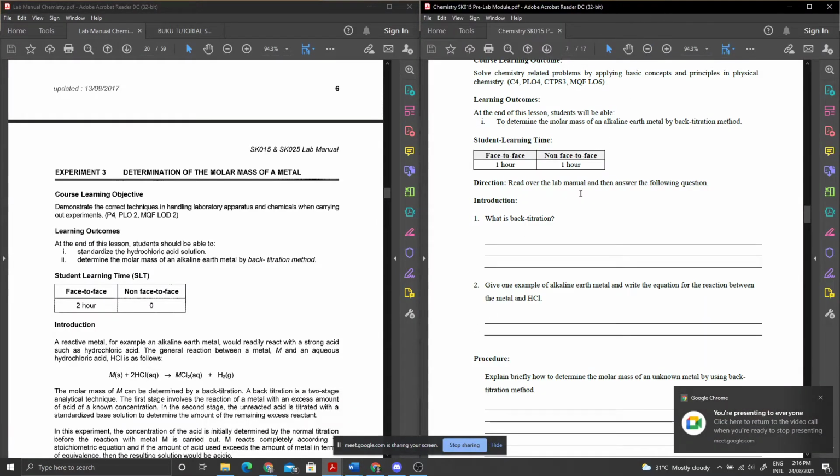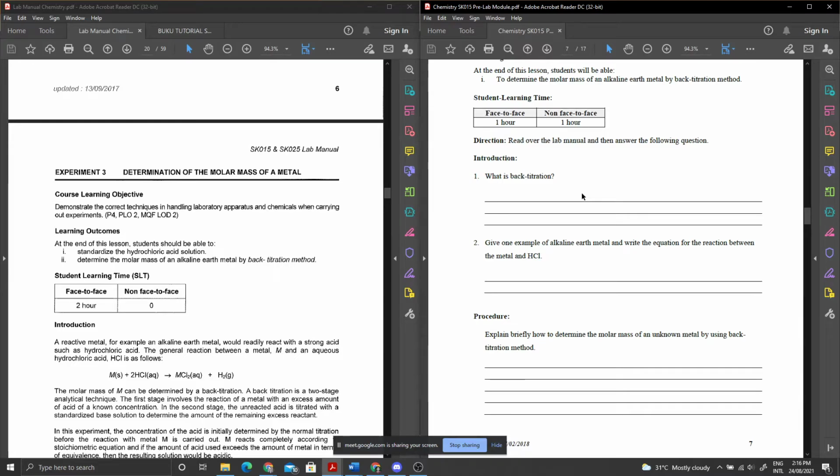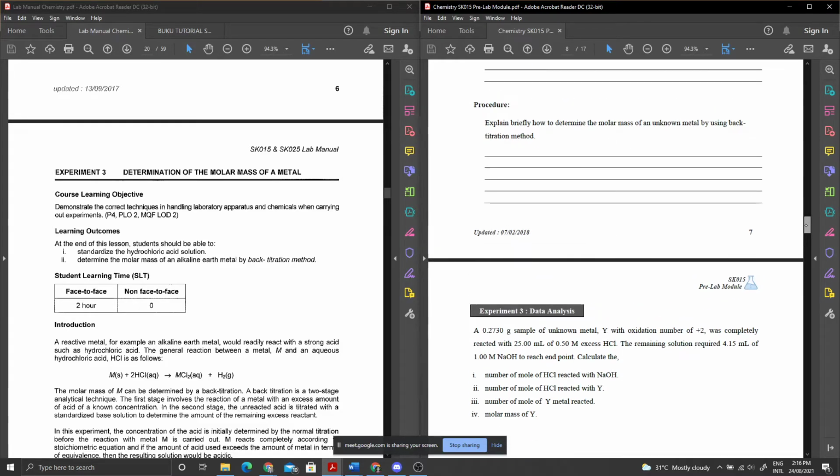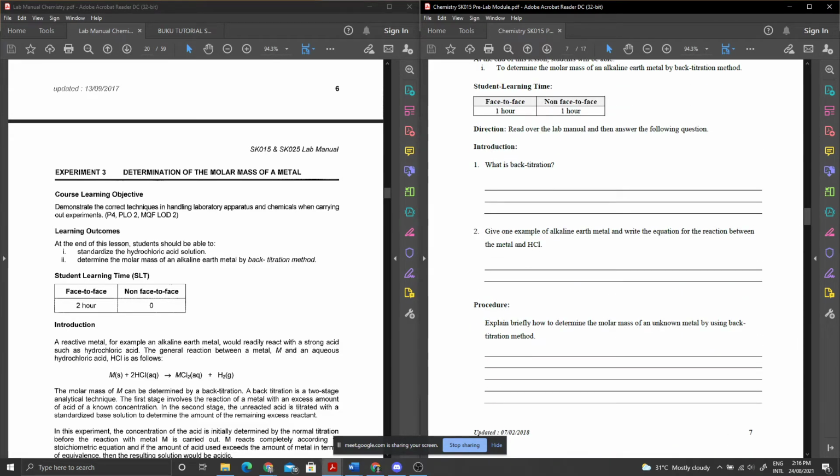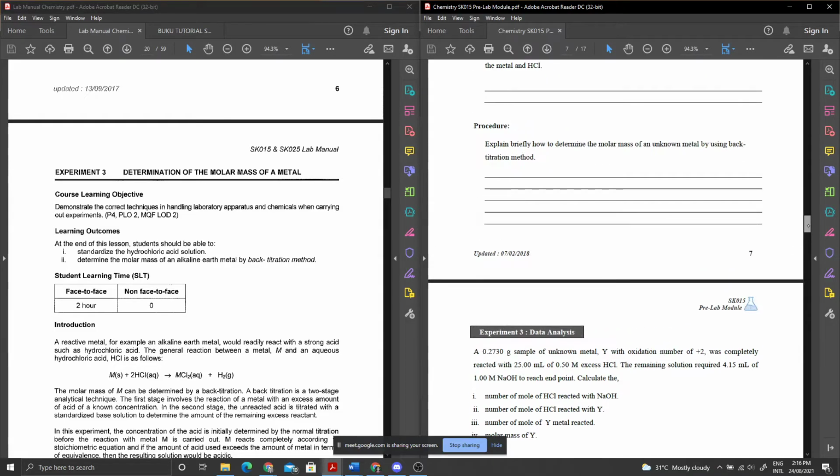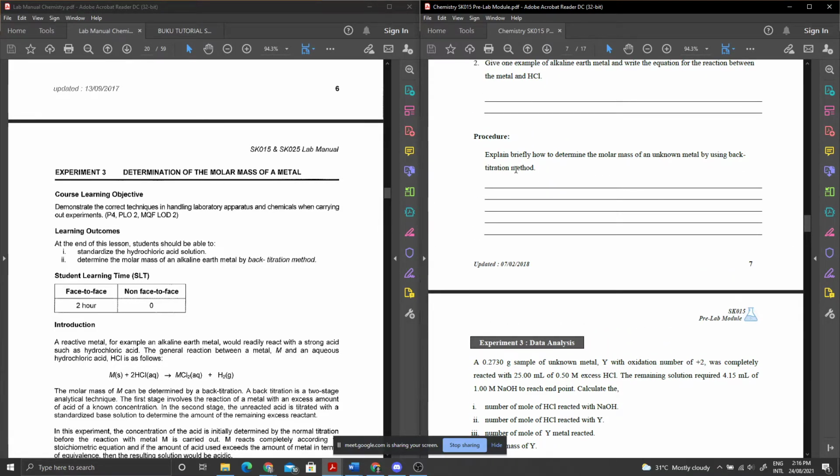So back titration, find dia punya definition. Try to make it in your own words. And this you dah boleh jumpa dalam lab manual. And then explain briefly how to determine the molar mass of unknown metal using back titration.